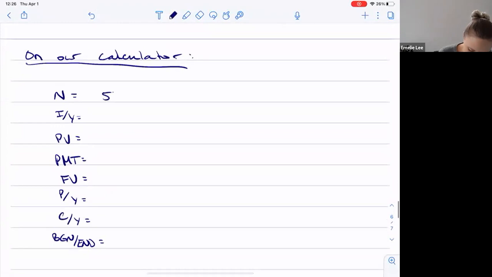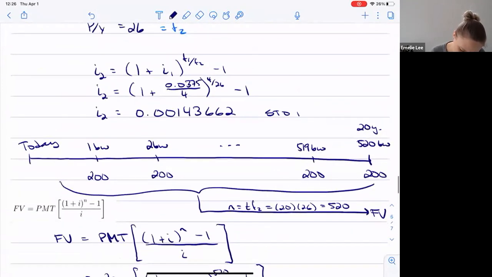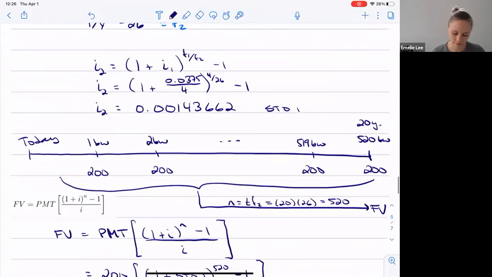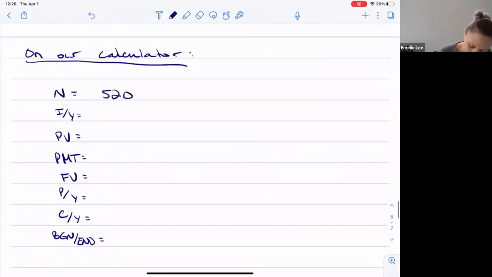N is the number of payments, which is 520 payments. The interest per year was 3.75, I want to say. Yeah. 3.75.